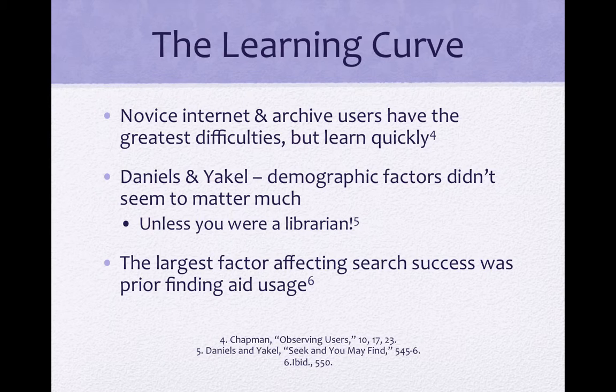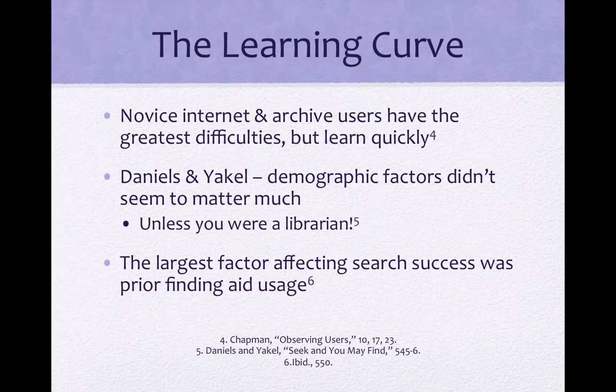The second thing that really was a big thing in Daniels and Yakel's study was that they found the largest factor affecting search success was prior finding aid usage. Now, this was a big deal in my opinion because prior finding aid usage means that people have had this explained to them before.